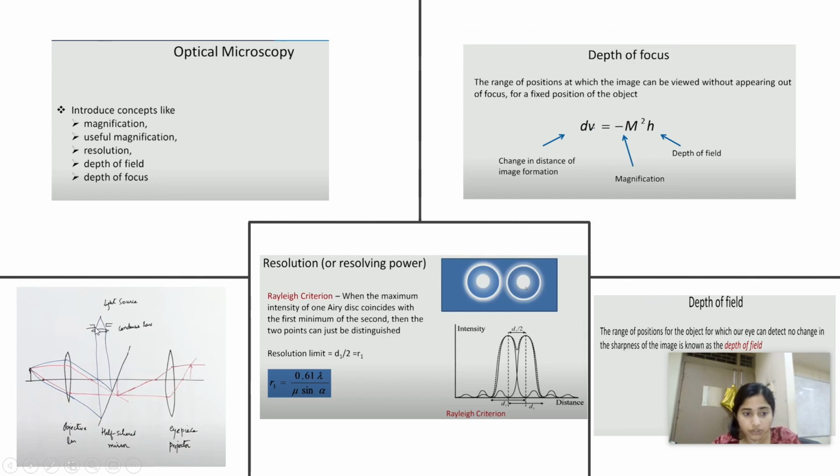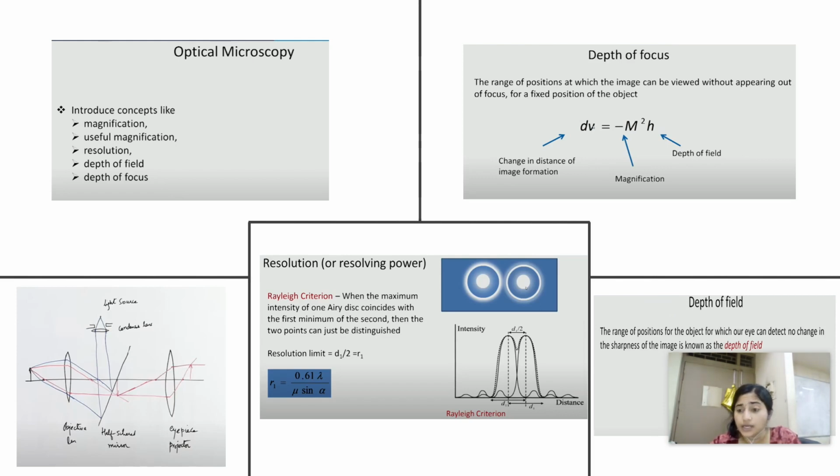From the aperture and condenser lens, the light will pass first to the mirror, then from the mirror it goes to the objective, touches the object, reflects, and the light goes to the eyepiece. So here we can see the object in magnified form. If you want to increase the magnification, you have to use more lenses. That's the main thing.